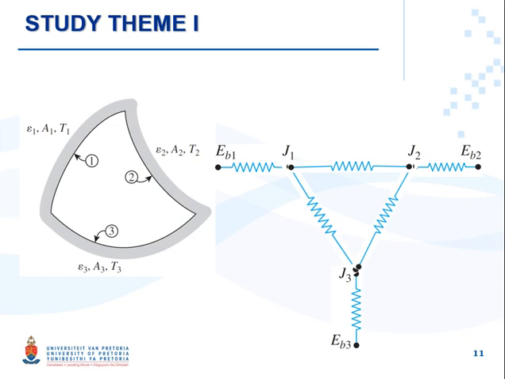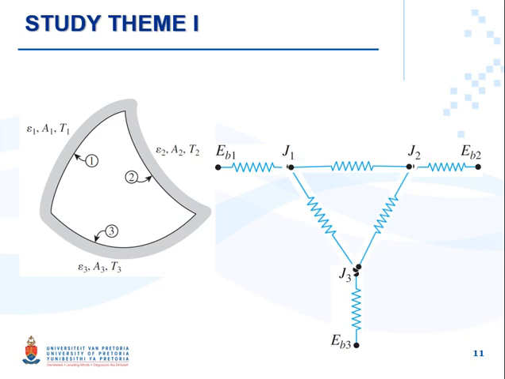For all three surfaces, the emissive powers are known because the surface temperatures are known. Since surface areas and emissivities are known, we just need to find the radiosities J1, J2 and J3, and after that we will be set.